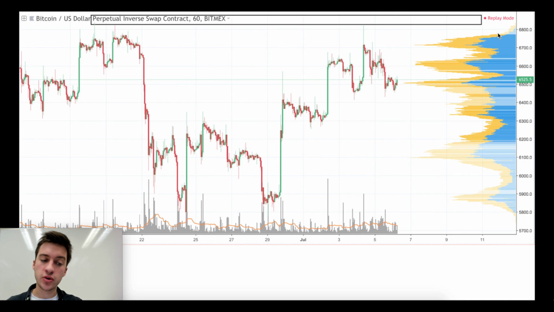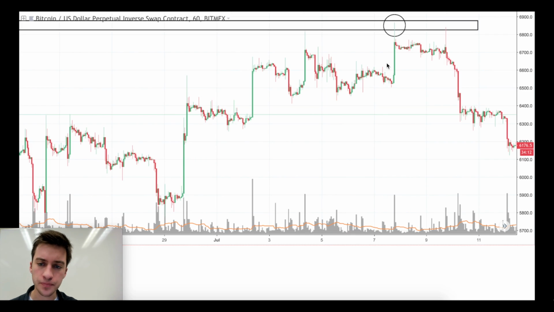Because not many traders had transacted there, does that mean price is going to go there? No. What it means is that if price comes near this area, when price begins to come to about here, it's likely going to accelerate and go right above the high because there aren't that many limit orders.